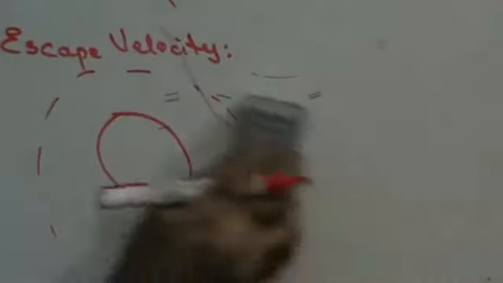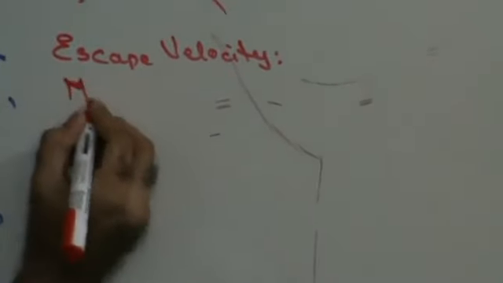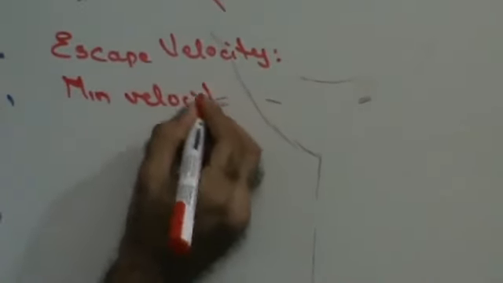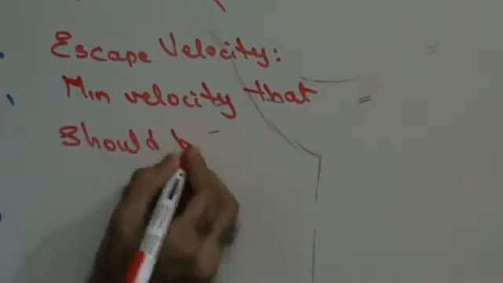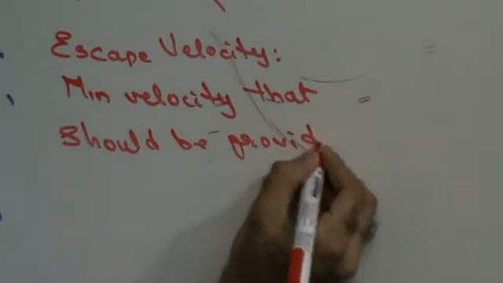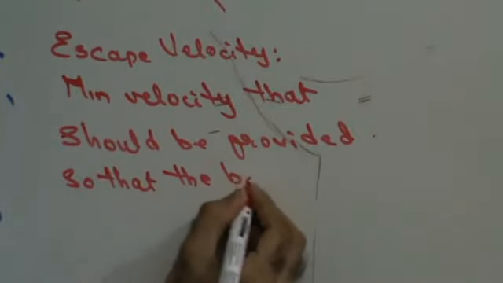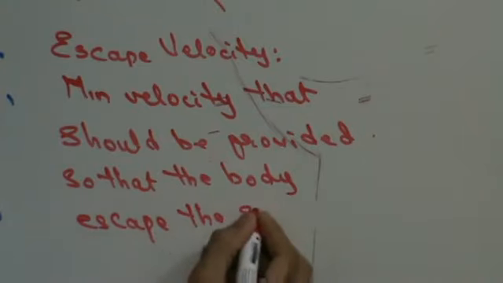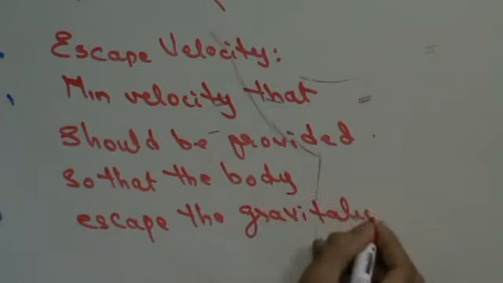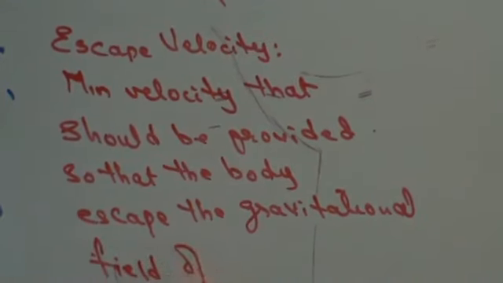We'll just write this down, people. Escape velocity. It is the minimum velocity that should be provided so that the body escapes the gravitational field of the earth.